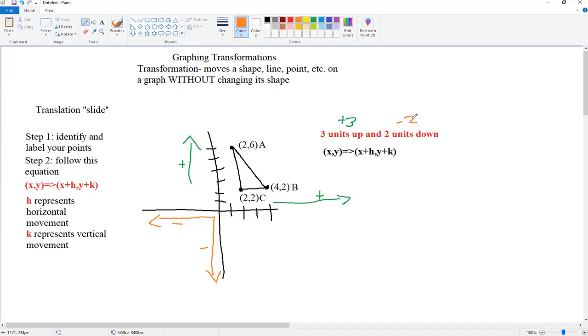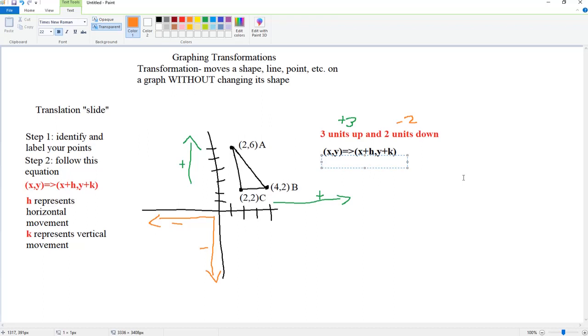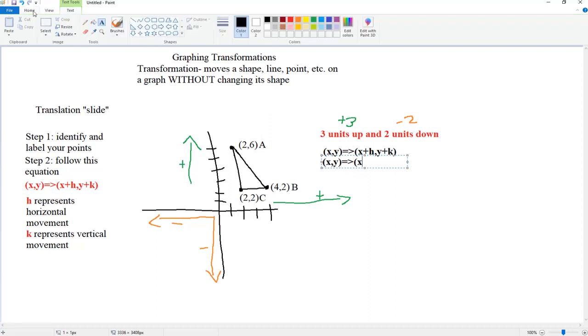Down, negative, and then the number 2. Up, positive, and the number 3. When I'm writing out this equation, I'm just plugging in what they tell me. So I have (x, y) to x, and then my left and right movement. Oh wait, let me change this real quick. I just realized it's up and down. This should have been right, 3 units right.